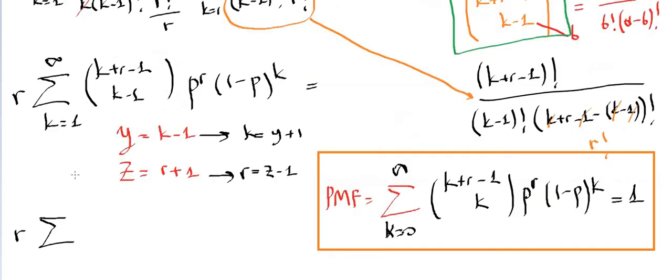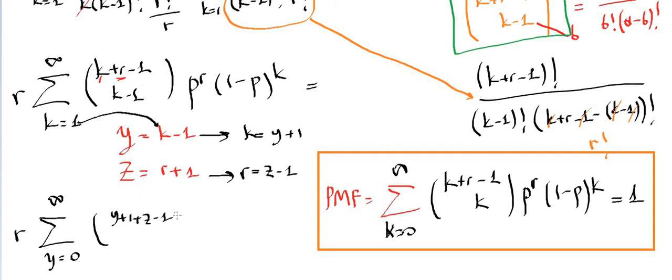Now we're going to change our counter to y. When k is equal to 1, y equals 0. If you plug in 1, you obtain 1 minus 1, 0 to infinity. Instead of this k, we're going to write y plus 1. And instead of this r, we're going to write z minus 1.